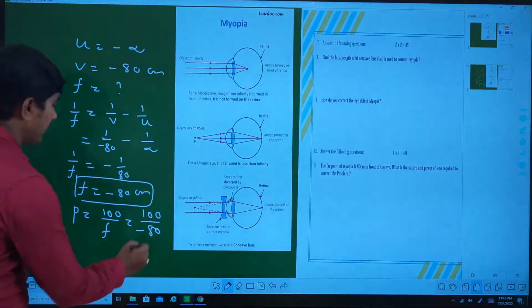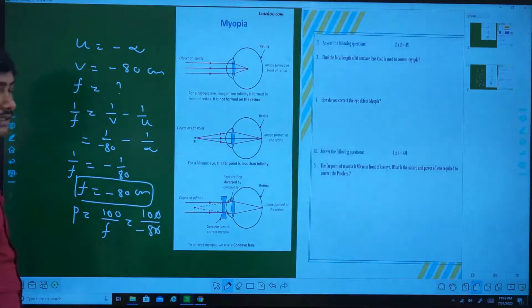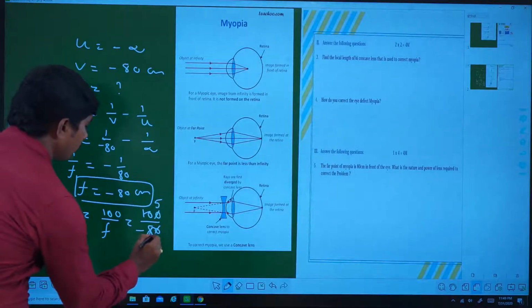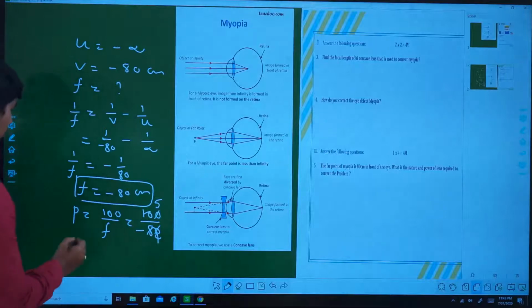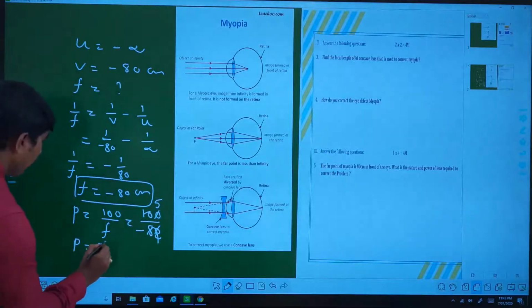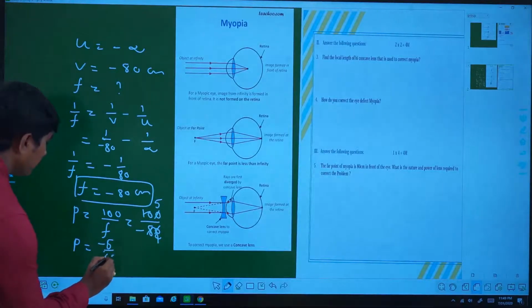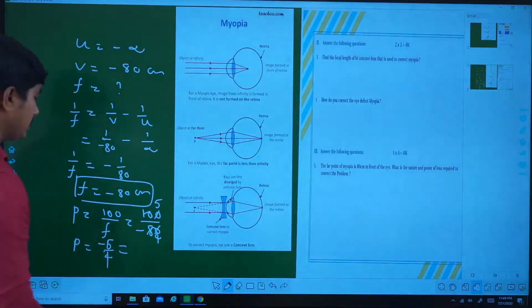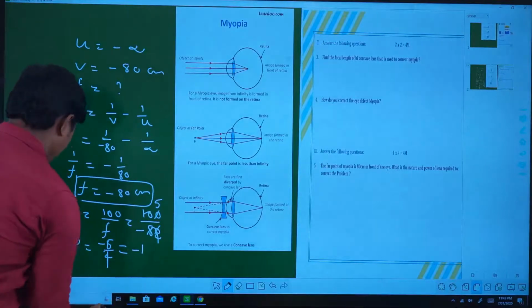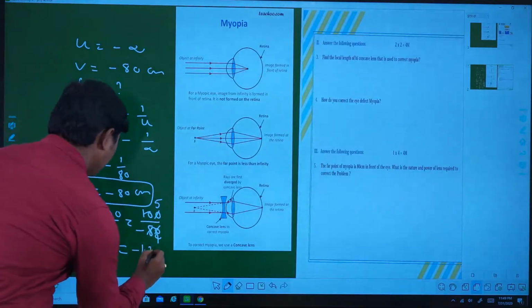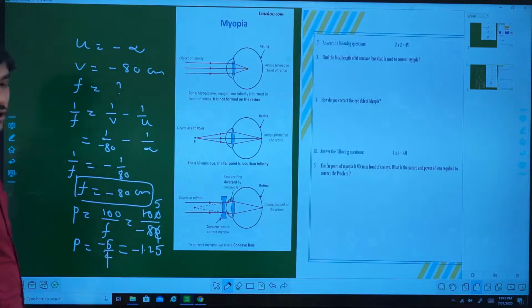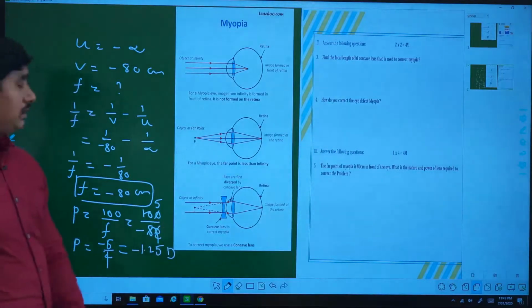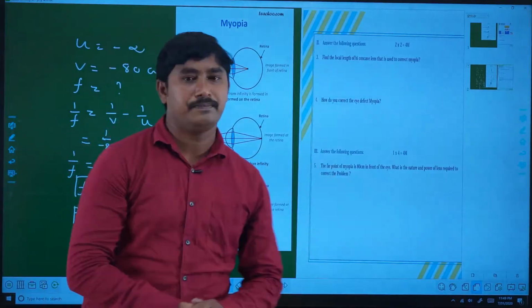Cancel the zeros, and P is equal to minus 5 by 4. Converting to decimals, you get minus 1.25, and the unit of power of a lens is diopter.